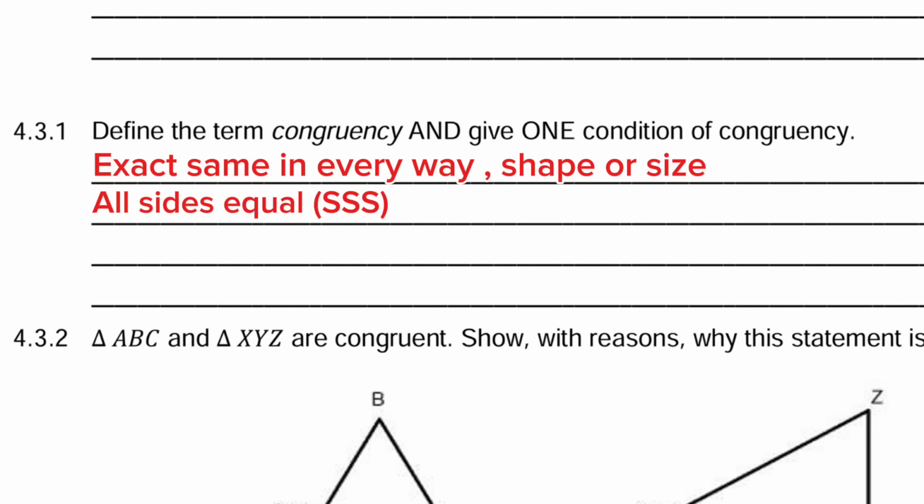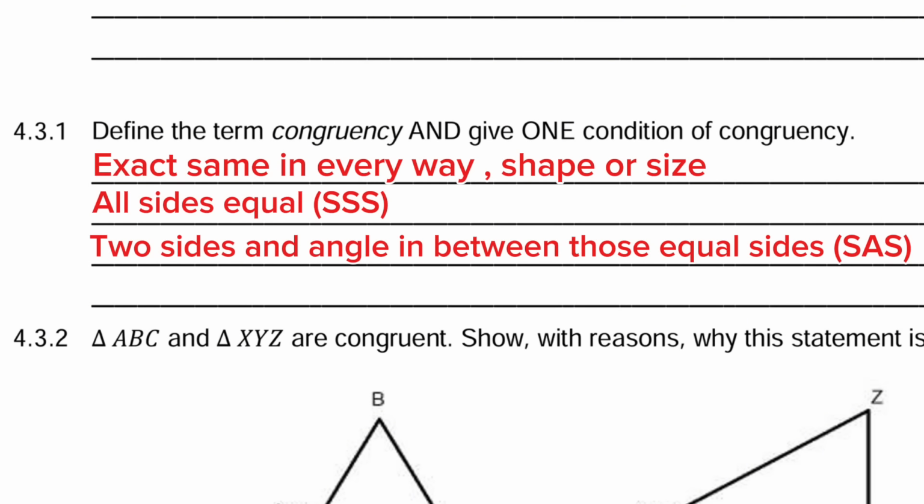If the two triangles have a side that's equal, an angle that's equal, and a side that makes up the middle angle, then you know that that's also a condition for congruency. And then angle, angle, and a side. If two angles and a side are equal for two triangles, then you know that those two triangles are congruent.